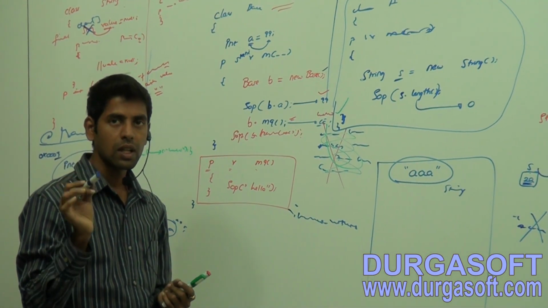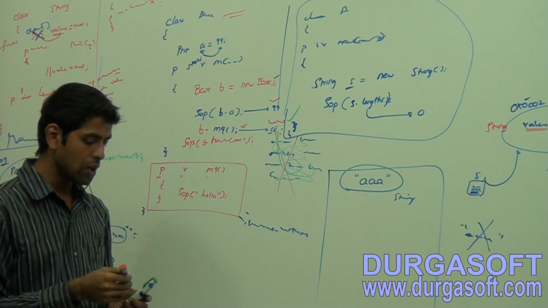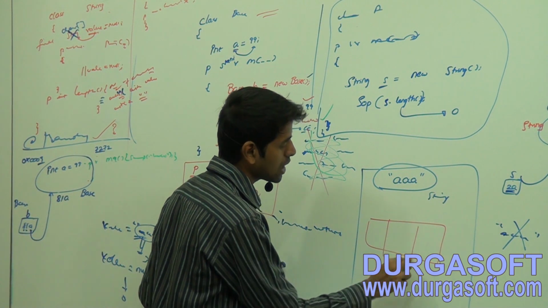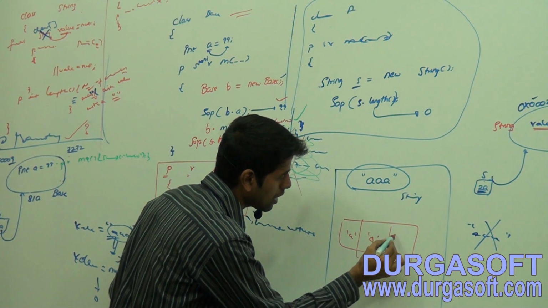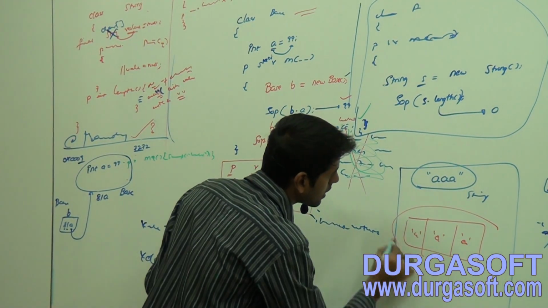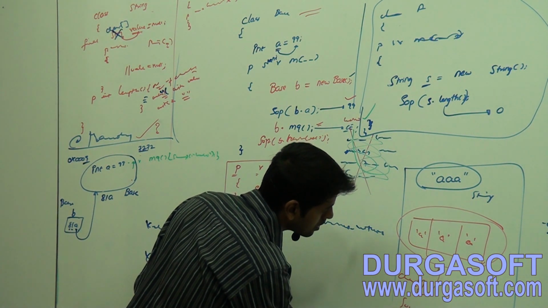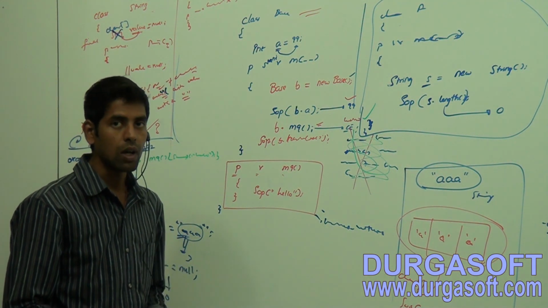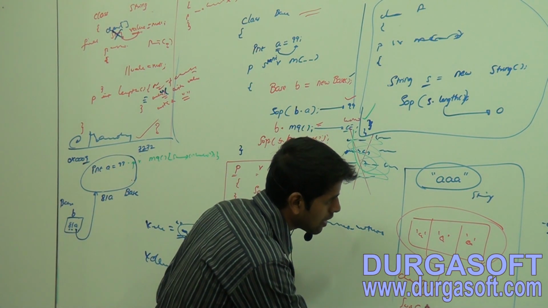Internally, each and every constructor will be using arrays only. To store this data, for example AAA, internally there will be array creation, that is a char array. Now if I pass this char array as an argument to System.out.println, it will give the data available within this char array.